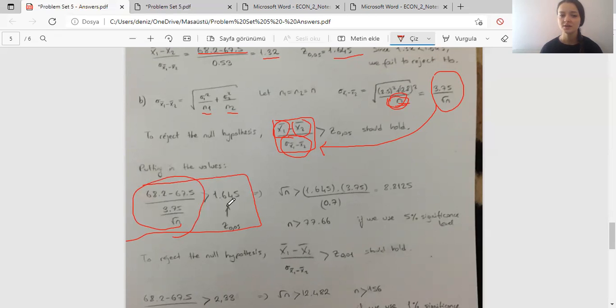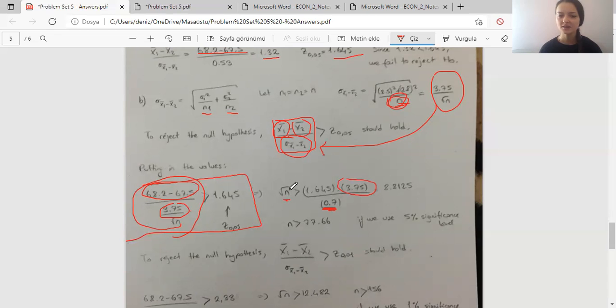And the question wants me to find an N value which helps me reject the null hypothesis. So I'm just leaving this N alone. And the 3.75 in the denominator went to the upper side. And this difference, I divided both sides with it, and it came here. And then I have found this inequality.